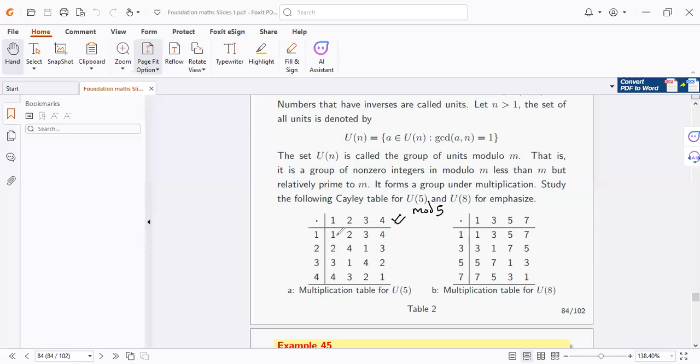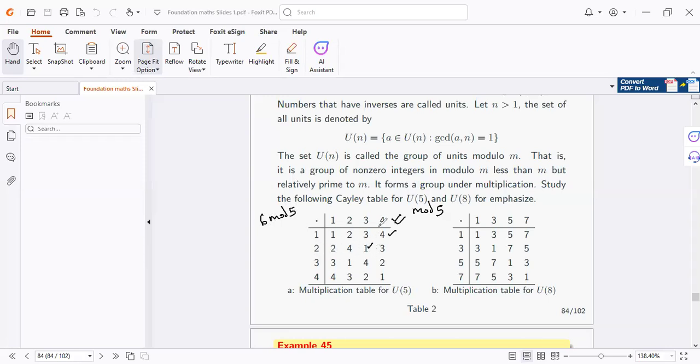So 1 times 1 will be 1, 1 times 2 will be 2, 1 times 3 will be 3, 1 times 4 will be 4. We are done with that. 2 times 1 will be 2, 2 times 2 will be 4, and 2 times 3 will be 1, because that was 6, but we are doing it mod 5. So 6 mod 5 is 1.